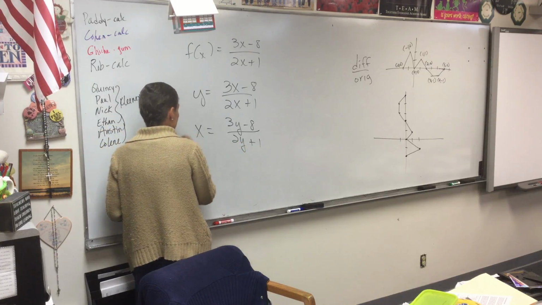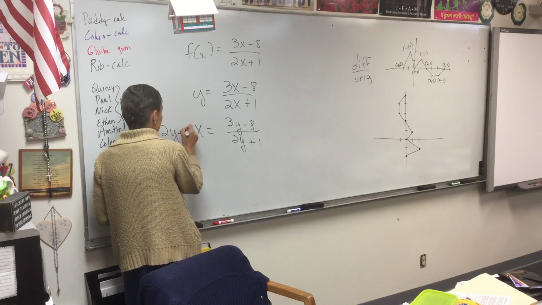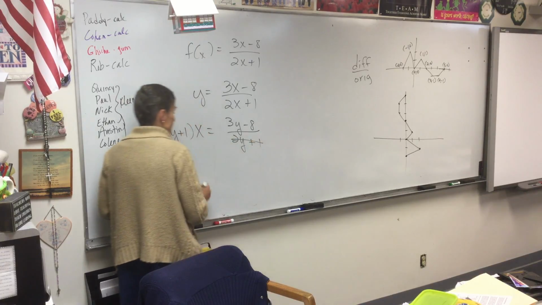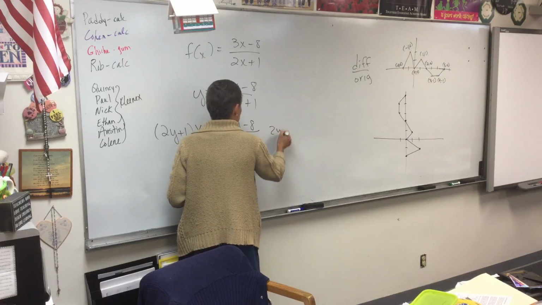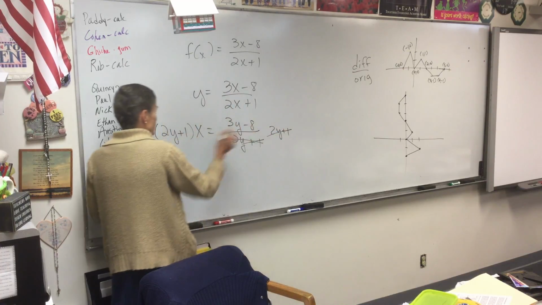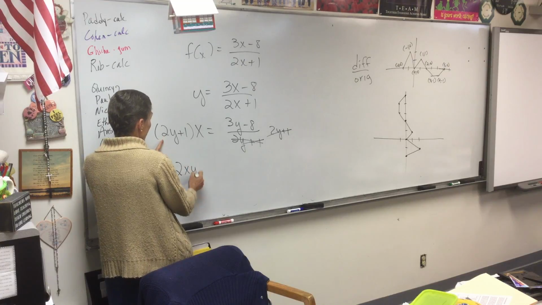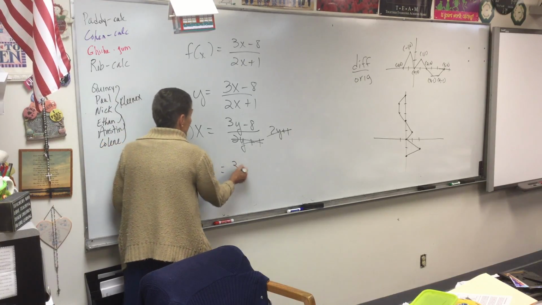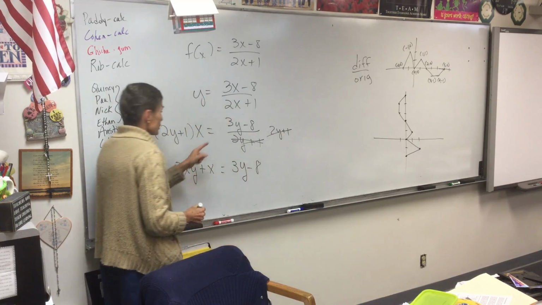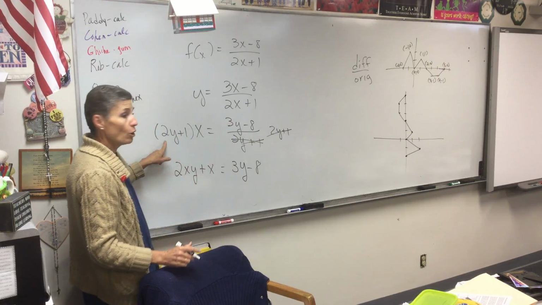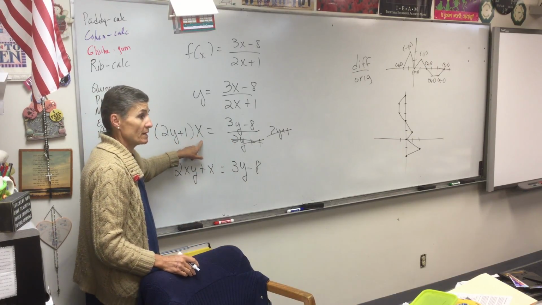Move this over to here. Multiply it over to here. So you can't get rid of it over there. You multiply both sides by 2y plus 1, so it's gone. And then we distribute, so we have 2xy plus x equal to 3y minus 8. So I brought my denominator over and I distributed.